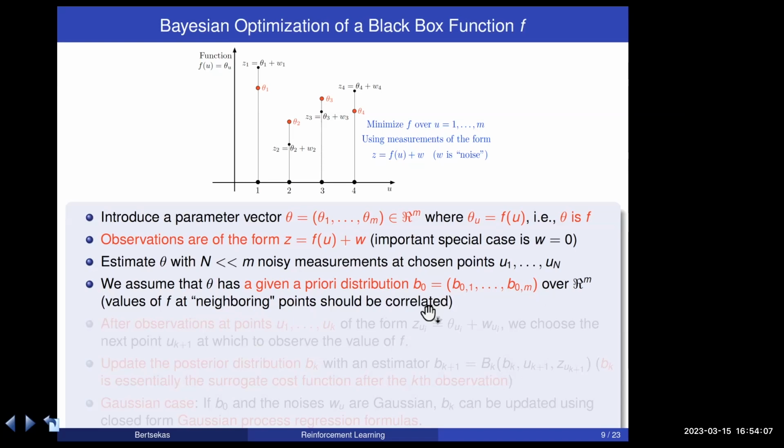In other words, we expect that points near each other have correlated values, close to each other. How you choose the initial distribution is a little bit of an art. Generally speaking, in Euclidean space, people take this distribution to have diminishing correlation for points that are further apart.